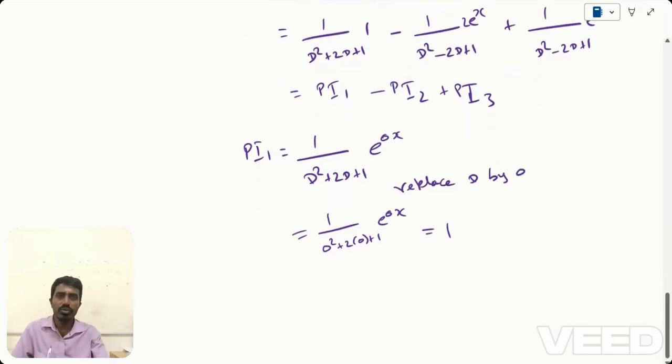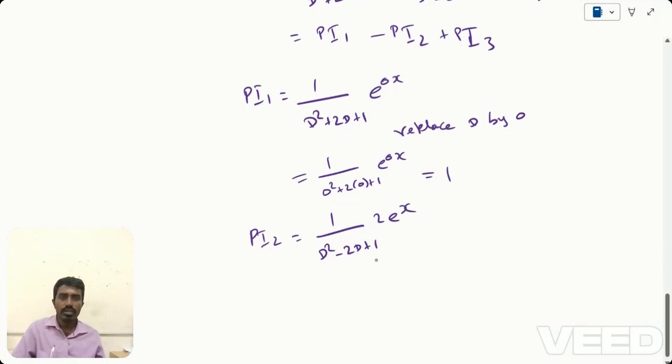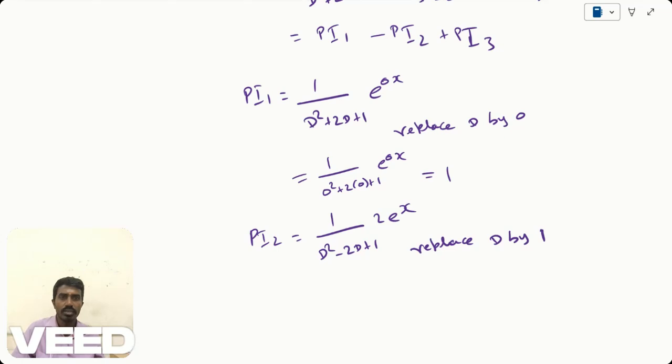Similarly, find PI2. So PI2 equal to 1 divided by (D square minus 2D plus 1) into 2e power x. So now replace D by 1, because the coefficient of x is 1 in the exponential function.